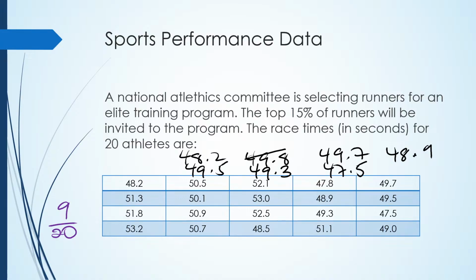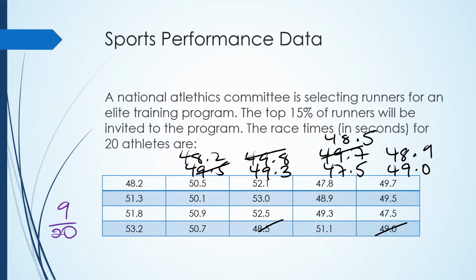Oh well, 47.5 means that I can cancel out this. 48.5 means that I can cancel out this. Okay, 48.5 and 49 means that I can cancel off this here. So 49. Right?